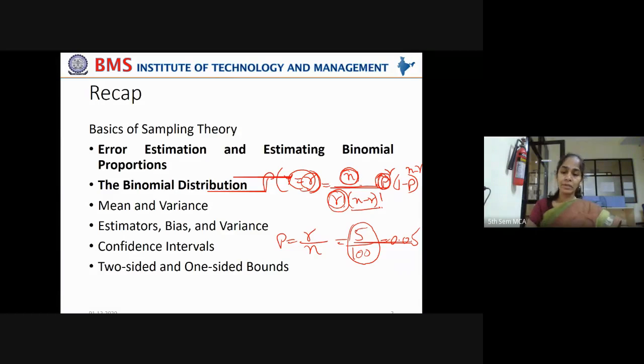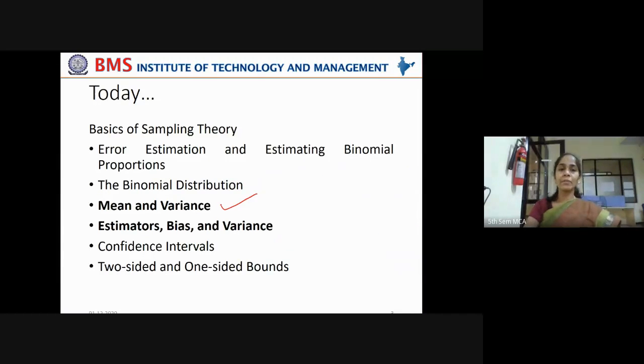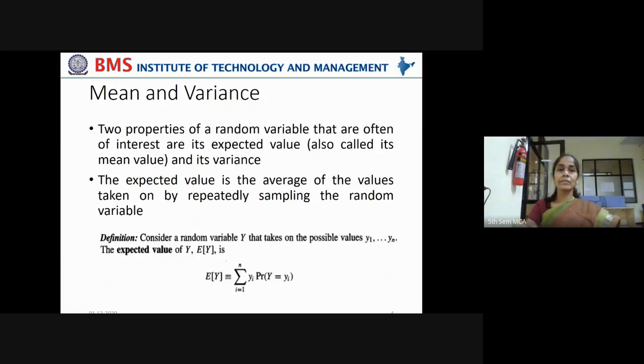Now, in today's class, we are going to see measures like mean and variance, what an estimator is, and what the bias and variance related to the estimator are. The two properties of a random variable that are often of interest are its expected value and its variance.